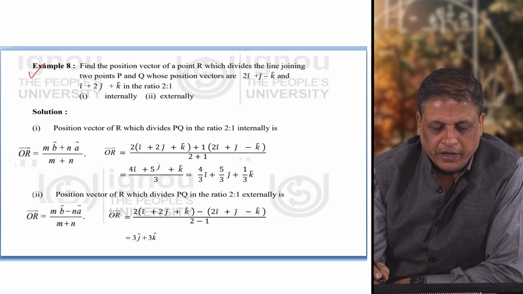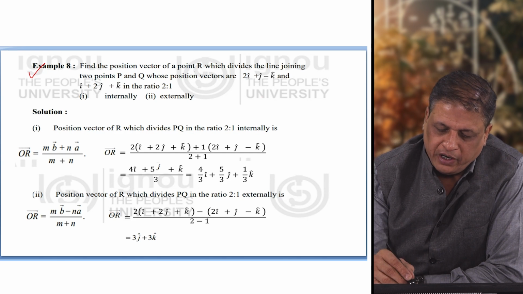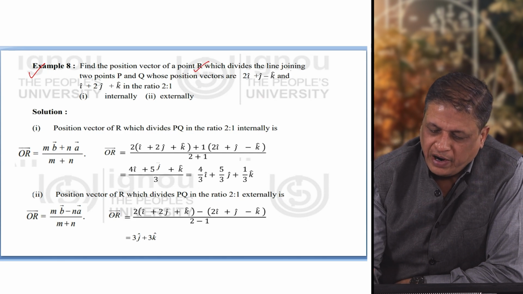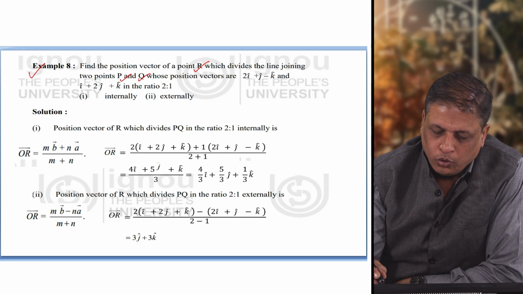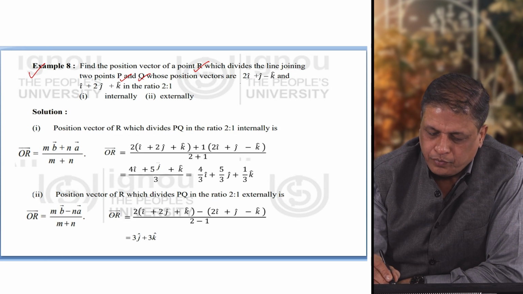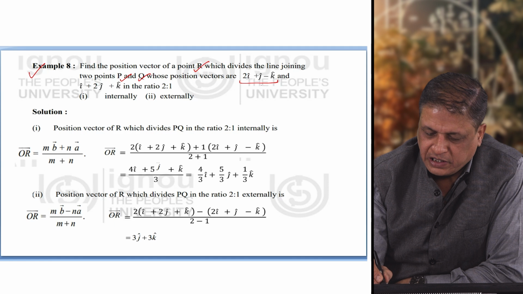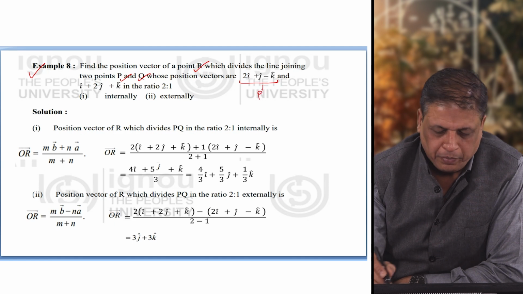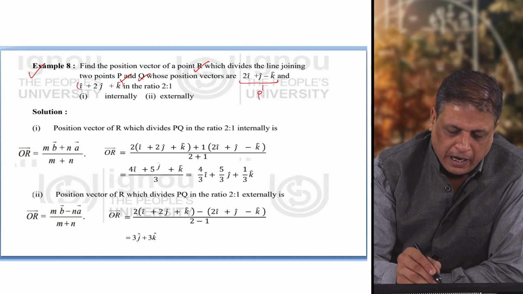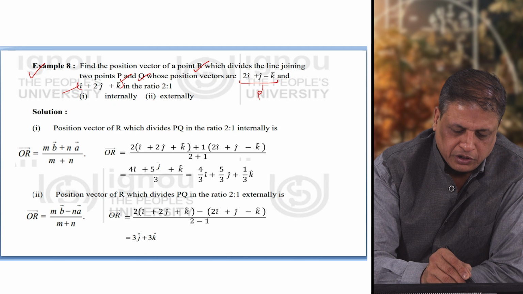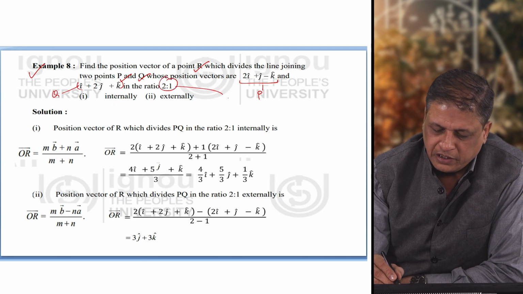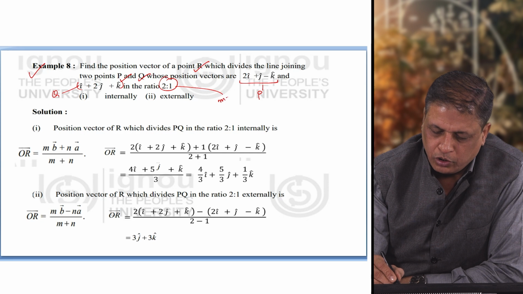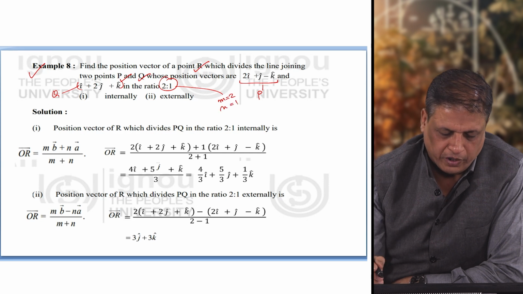Here the question is: find the position vector of point R which divides the line joining PQ, whose position vectors are 2i plus j minus k, the position vector of point P, and i plus 2j plus k, the position vector of point Q, in the ratio m is to n, that is 2 is to 1. So m is equal to 2 and n is equal to 1.